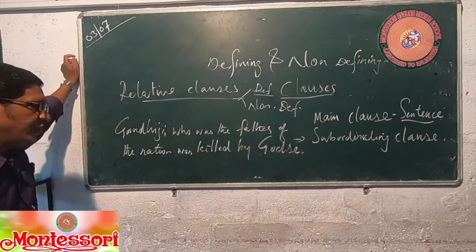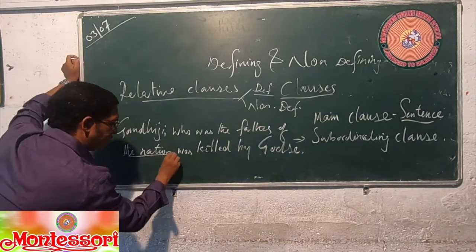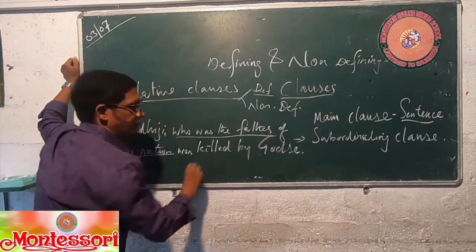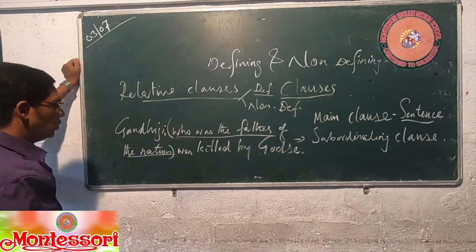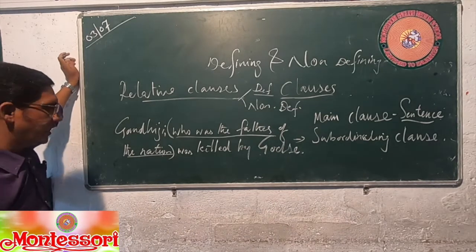So Gandhiji, who was the father of the nation, is the relative clause.